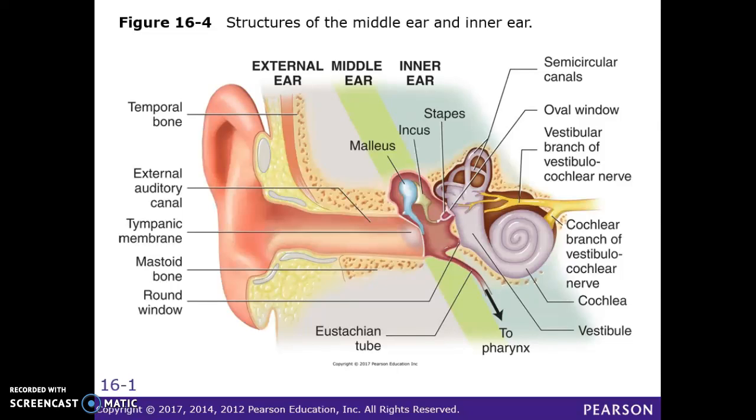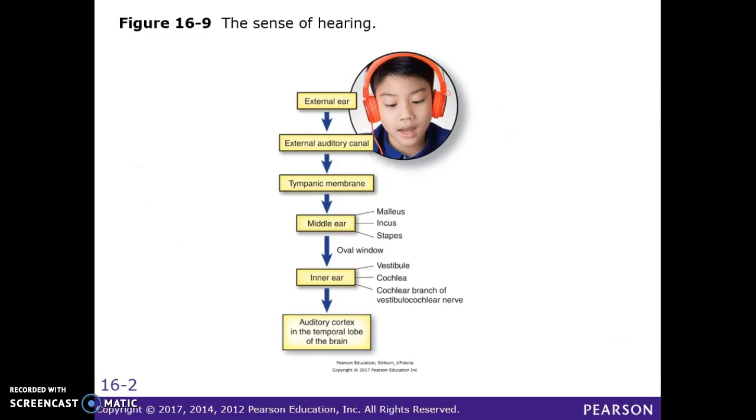What we want to really understand is how does it all work together, right? And how does one affect the other? Those are the things that you're going to look at as you go through and study the anatomy of this particular system. And of course, they are going to talk to you about how hearing occurs. What's the actual process for hearing? This is just an example of the process, what happens in order for you to be able to hear.